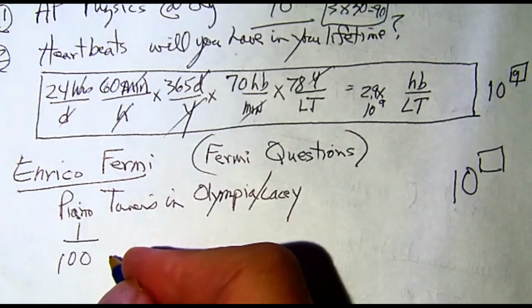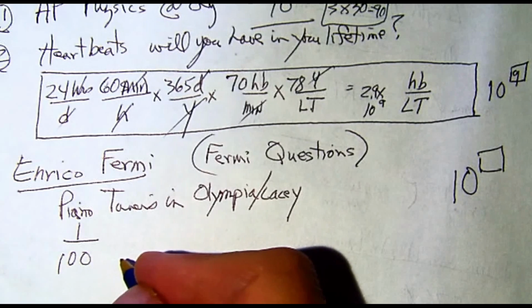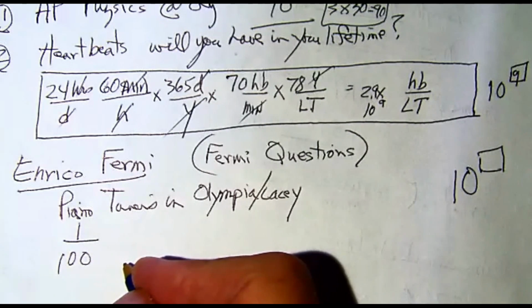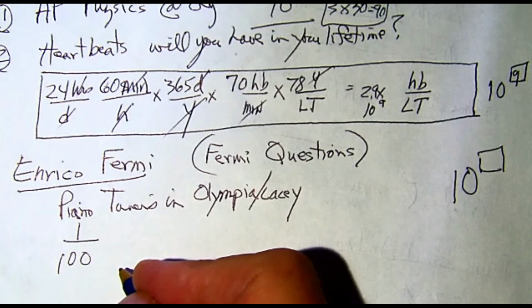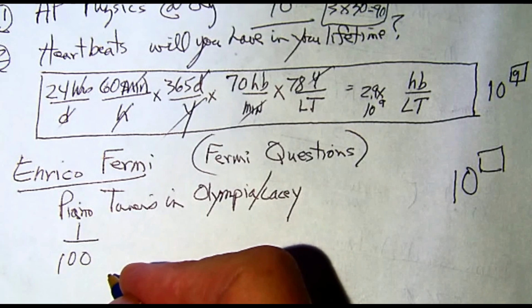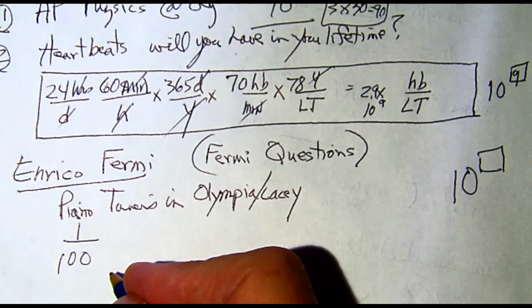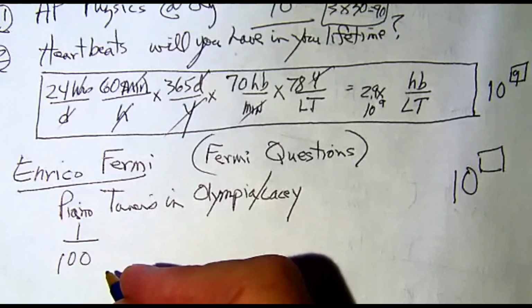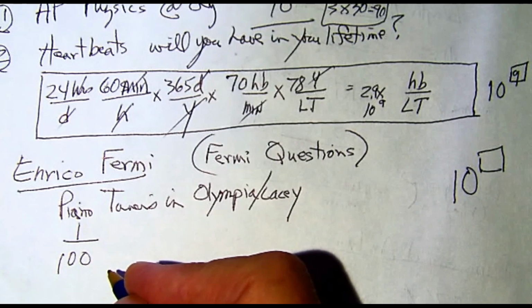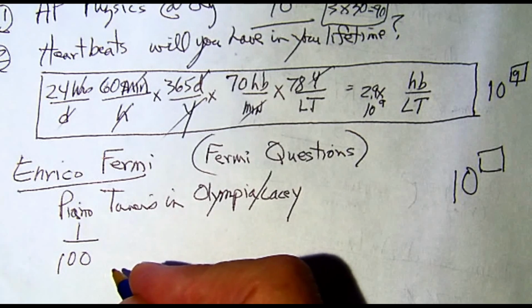And how many people are there in this area, to the nearest 10,000? Olympia Lacey, come on, somebody give me a number. Don't Google it. What do you think? Anybody got a number? 200,000.